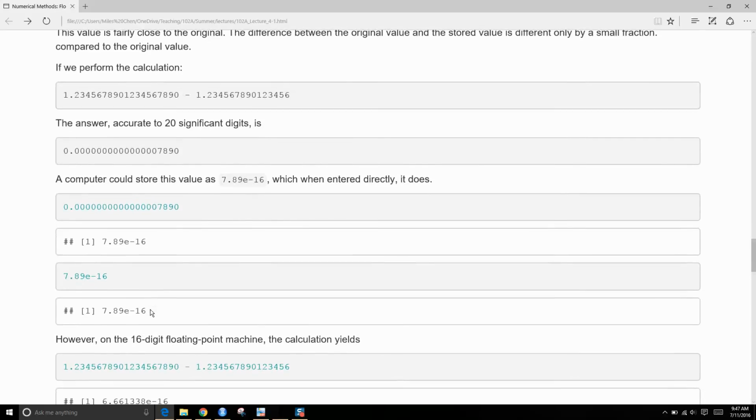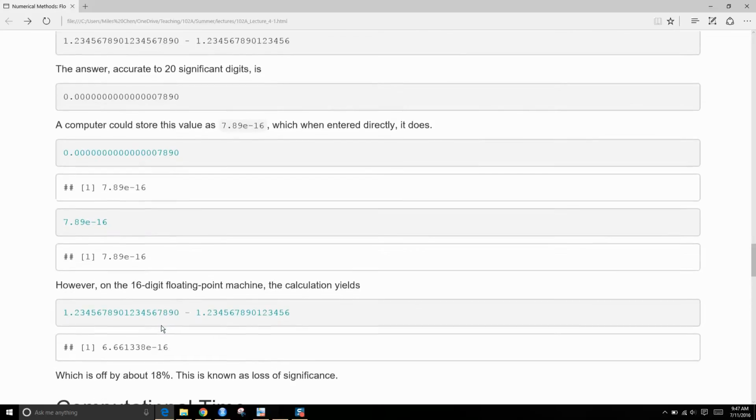But if we were to actually do this calculation in R, so the black text means I didn't actually do it, when I actually do the calculation in R, what do I get? I get this number. I don't get 7.89 e to the negative 16. I get 6.66 e to the negative 16.